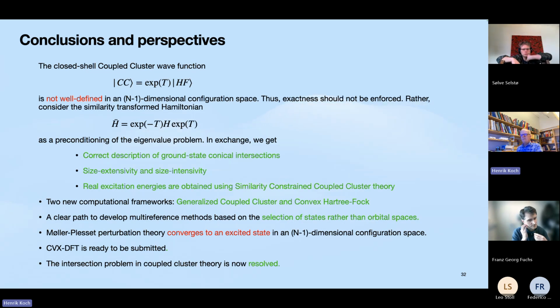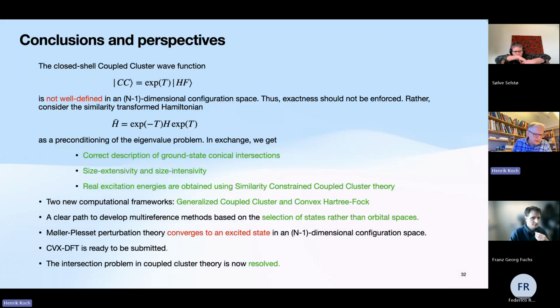We have already done convex DFT, and this is now ready to be submitted, and it works just as nicely as the convex Hartree-Fock. So we hope that will prove useful in the future. And I guess we can say that we have now solved the problem with conical intersections in coupled cluster theory.